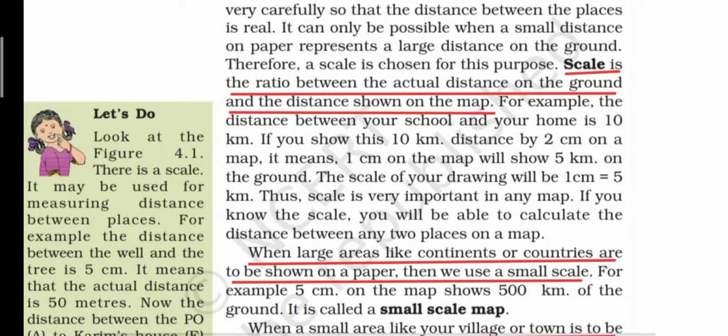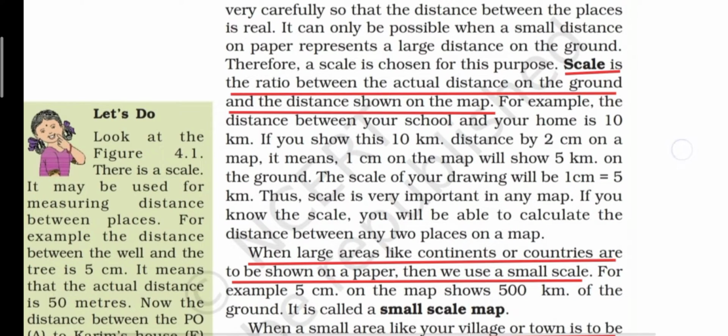If you show this 10-kilometer distance by 2 centimeters on a map, it means 1 centimeter on the map will show 5 kilometers on the ground. The scale of your drawing will be 1 centimeter is equal to 5 kilometers. Thus, the scale is very important in any map.